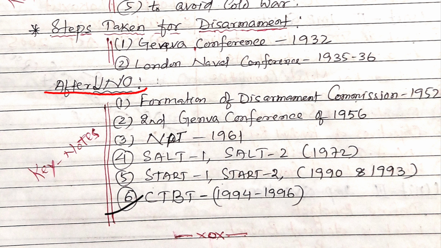You understand? This treaty is meant to make a ban on all kinds of nuclear weapons test explosions, and the treaty would enter into force 180 days after it was ratified. It was ratified by 44 countries, then it was implemented.